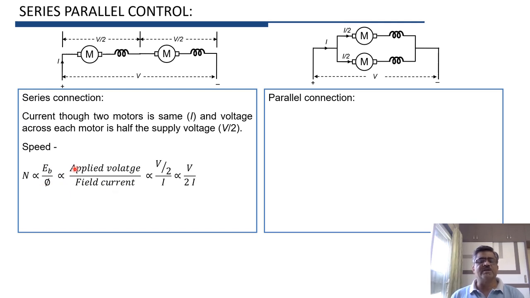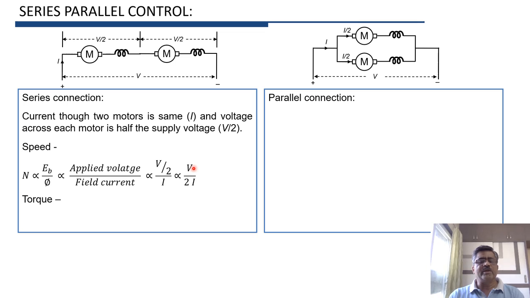So in this case, applied voltage is V by 2 and field current is I. And therefore, N is proportional to V by 2 upon I, which is equal to V upon 2I.